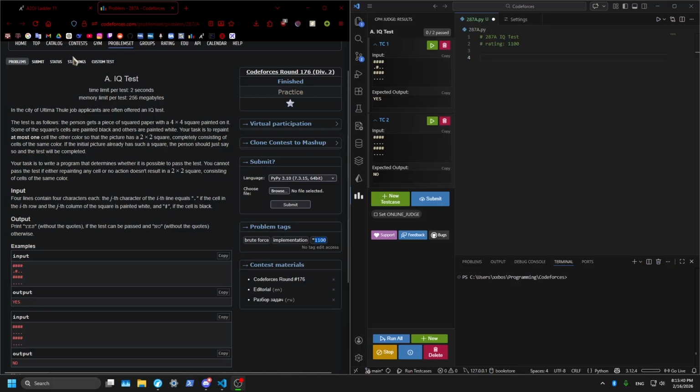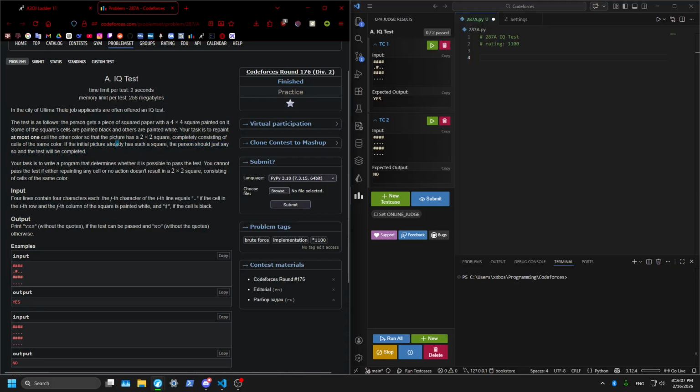Well, in the city of Ultima Thule, job applicants are often offered an IQ test. The test is as follows. Person gets a piece of squared paper, 4x4 square painted on it. Some of the square cells are painted black, others are painted white. Your task is to repaint at most one cell the other color so that the picture has a 2x2 square completely consisting of cells of the same color.